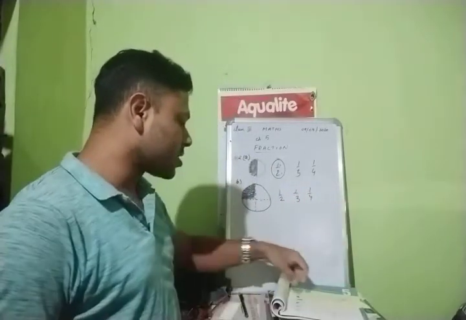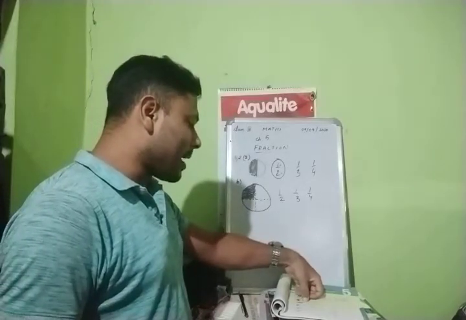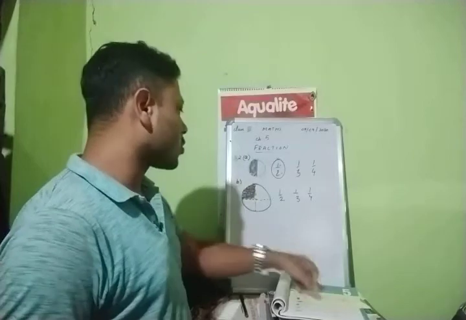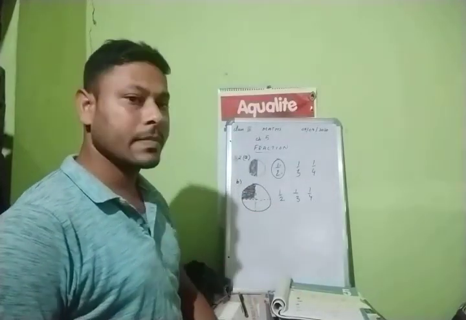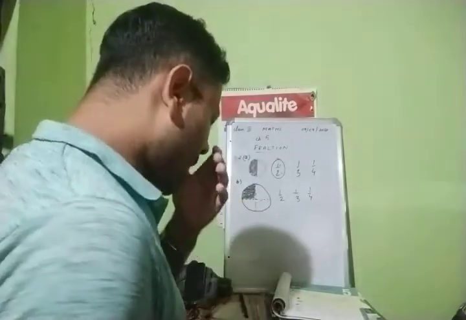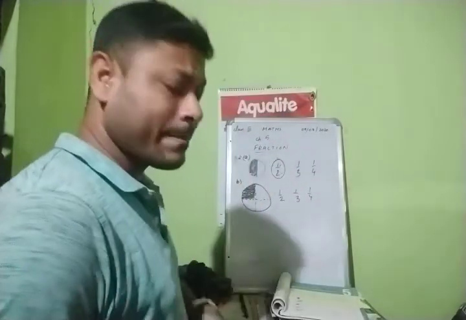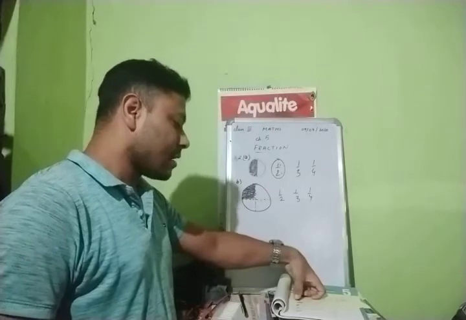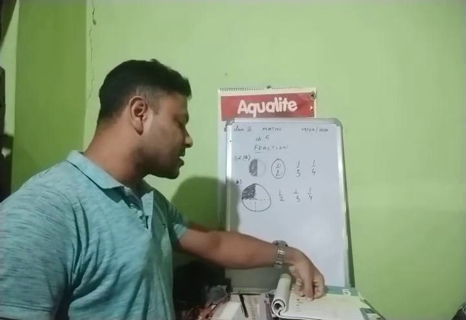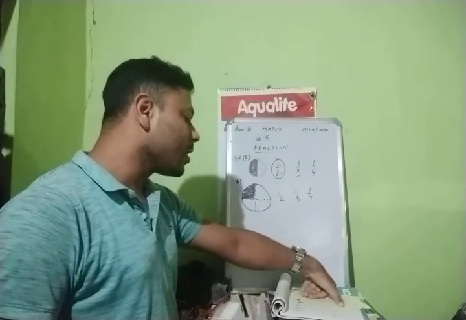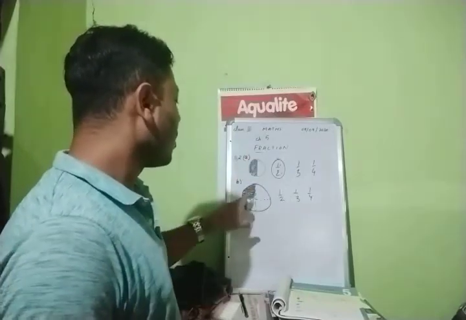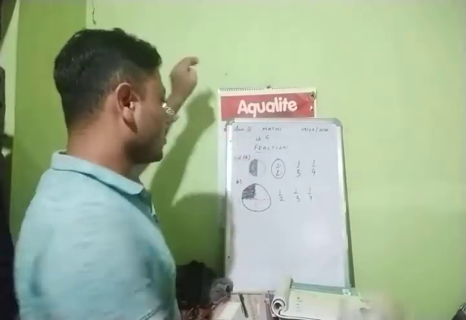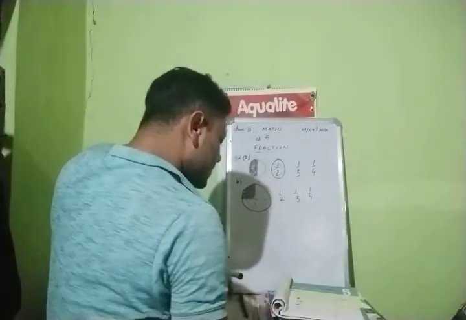The dotted lines divide this oval into dash equal parts. How many equal parts are there? 1, 2, 3, 4. How many are there? 4.